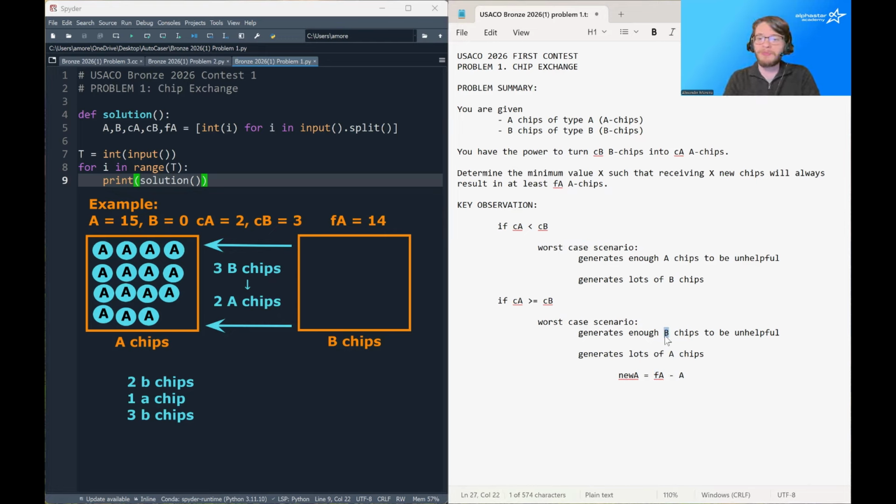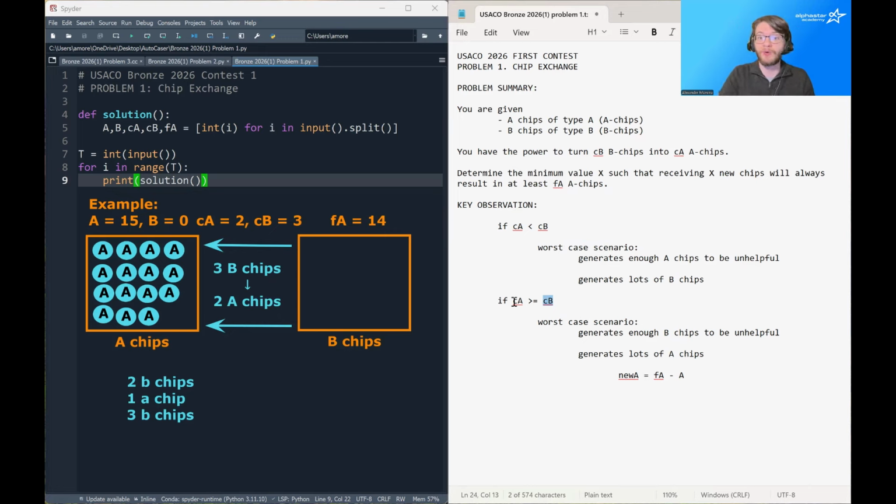Now let's think about what it means to generate enough B chips to be unhelpful. Well, when do the B chips help us? The B chips help us when we reach this value C of B, right? Because once we reach the value C of B, we can transform this pool of B chips into A chips.